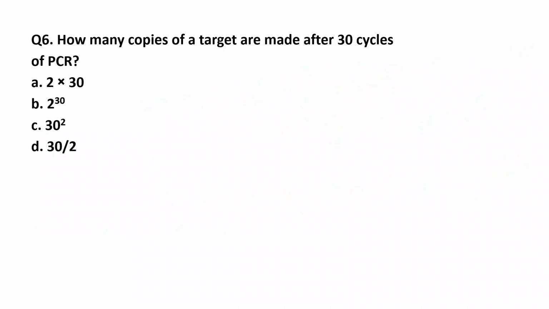How many copies of target are made after 30 cycles of PCR? Maybe a better way to ask it: initially there is one copy only.